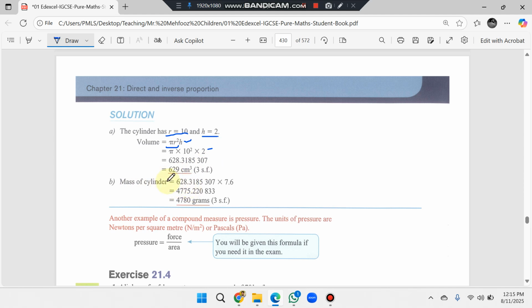Okay, so again, the mass of the cylinder. For the mass of the cylinder we have to use the formula of the density. So density is basically equal to mass per unit volume. So if you are interested in finding mass, your formula can be converted as density multiplied by volume. So volume we have found in the previous part A, that is 628.3185307 multiplied by this density, and density is given as 7.6.